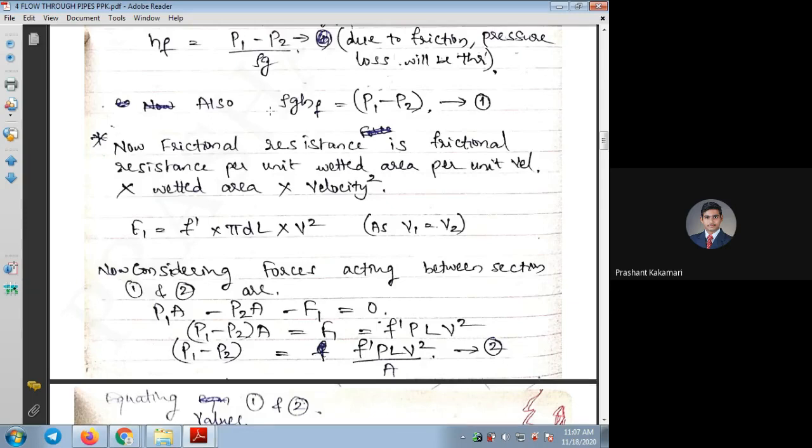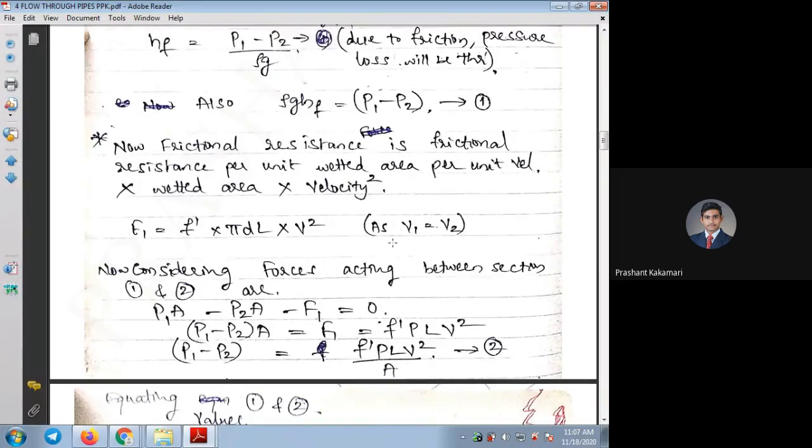So I can express the pressure difference either due to the friction head difference, or in terms of frictional resistance per unit weighted area into perimeter into length into velocity square per unit area. If you equate 1 and 2, we get rho G HF equal to F dash P L V square by A.